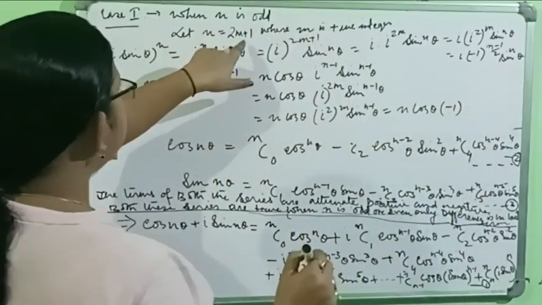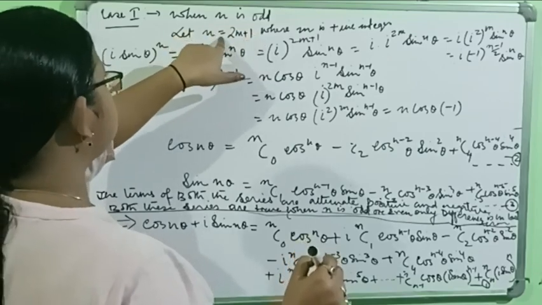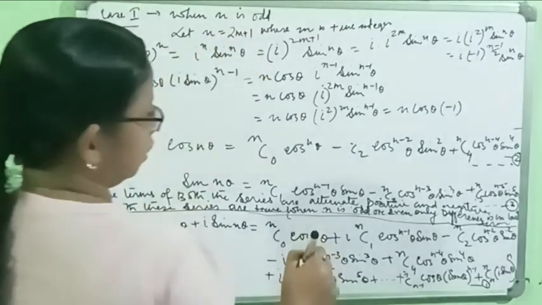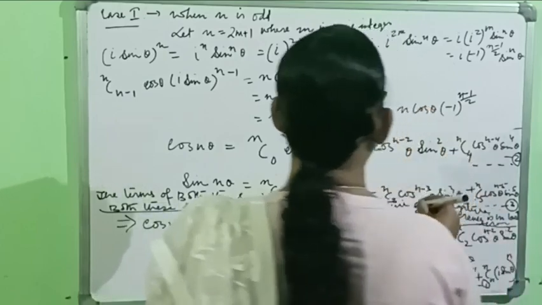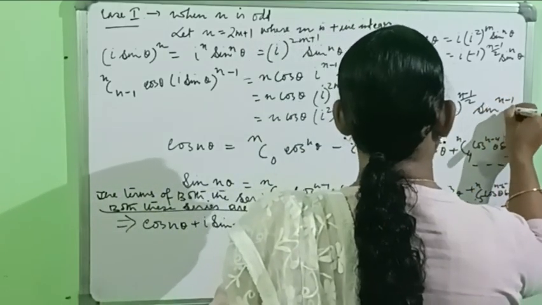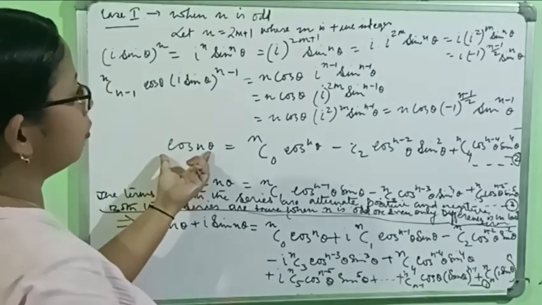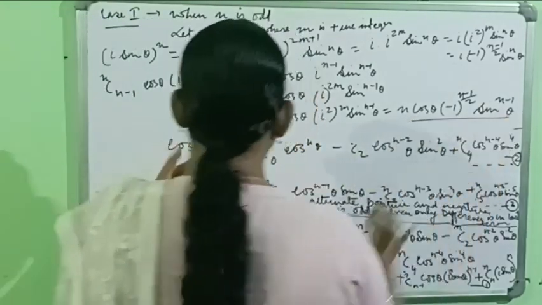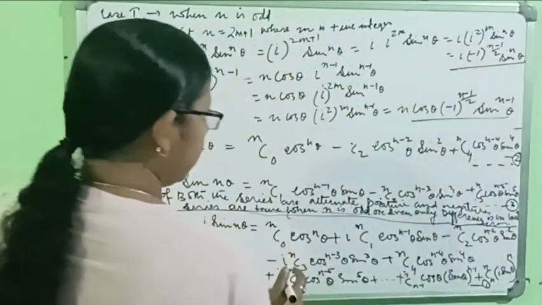What is m? Bring 1 to this side, n minus 1, then divide by 2 and you get m, that is (n-1)/2. So when n is odd, this is the last term of the cosine series, and this is the last term of the sin n theta series. That is this series.